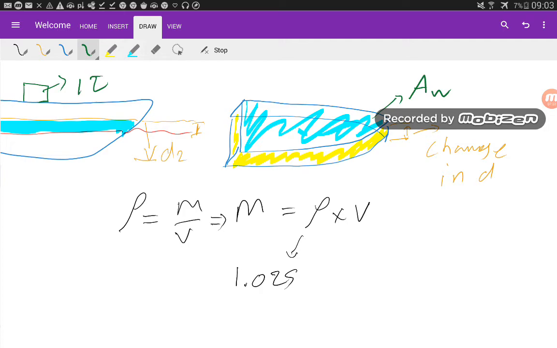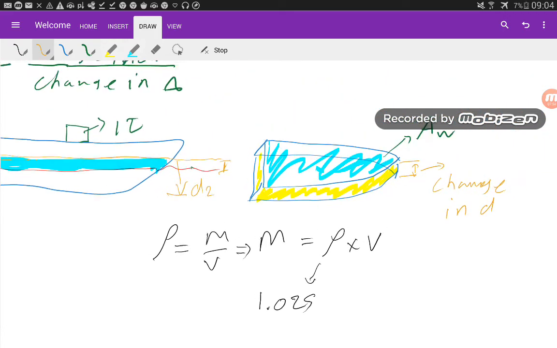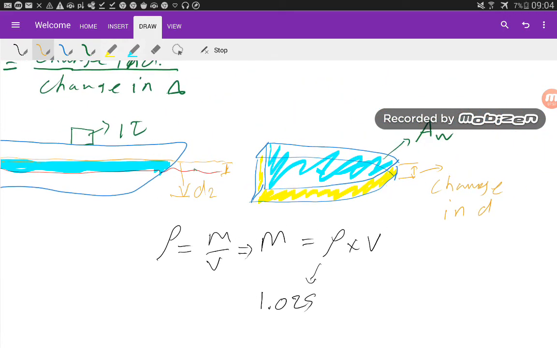So what is AW? AW is, if we cut the vessel at the water line, like what we have done here. See, we cut the vessel at the water line. So how much is the water plane area? If we cut it, that we call AW.